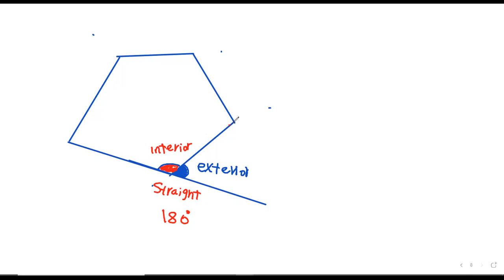So here, if I extend this line, we have the interior angle, which I'm going to shade in red, and the exterior angle shaded in blue. Both of them make a straight angle, and the straight angle equals 180. So how many 180s here in the pentagon?